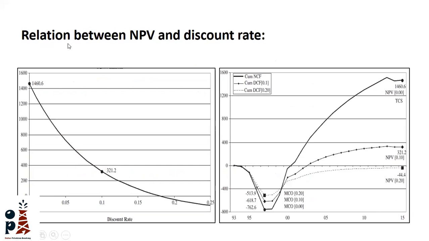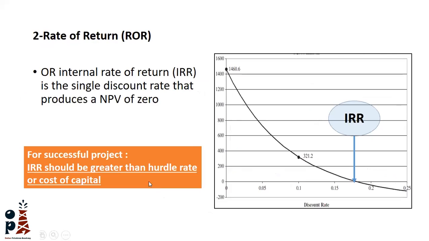As for the relation between net present value and discount rate, simply, if you increase your discount rate, you will decrease your net present value until you reach zero net present value. The second indicator is called the rate of return, or internal rate of return. That is the discount rate which makes your net present value zero.